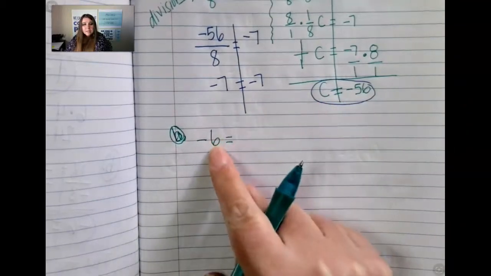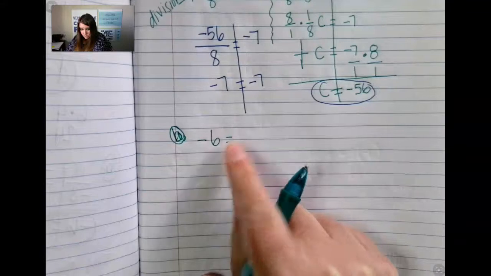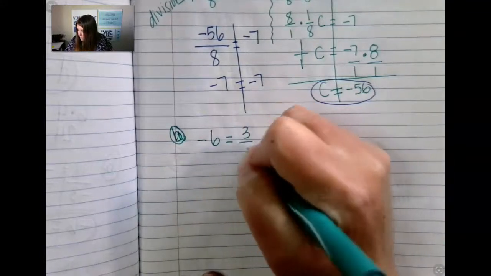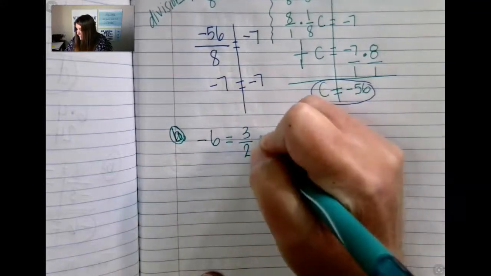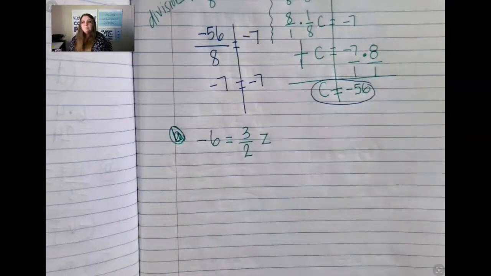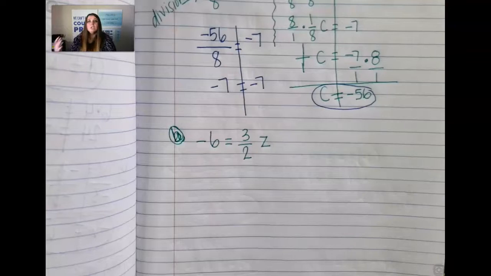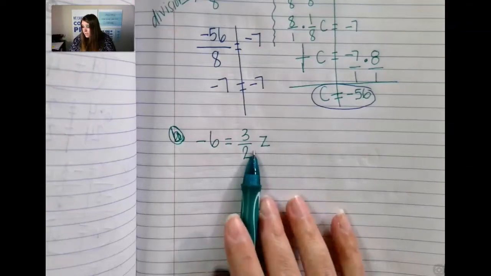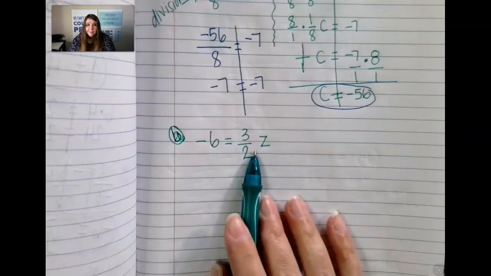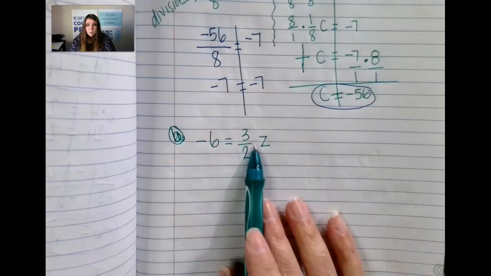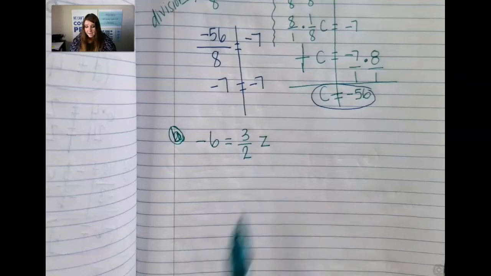So this one says -6 equals 3 over 2z. All right. So now, again, this one is multiplying. So in order to undo multiplication, we would need to divide.